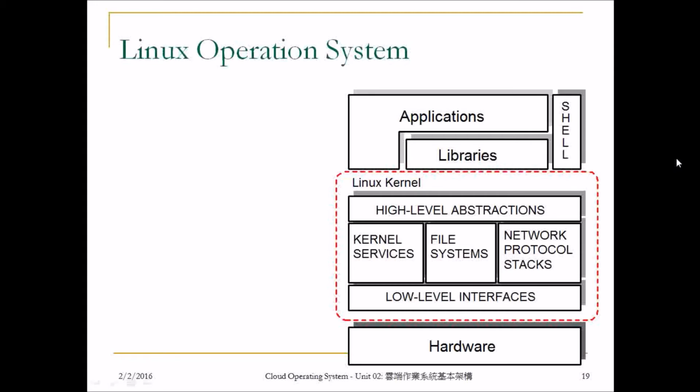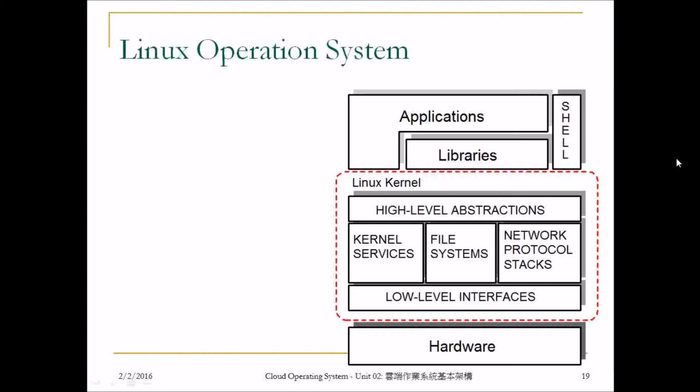However, no matter from the physical storage space or network interface card, these devices are of physical hardware. The operation system should use the low-level interfaces to communicate with the physical hardware.